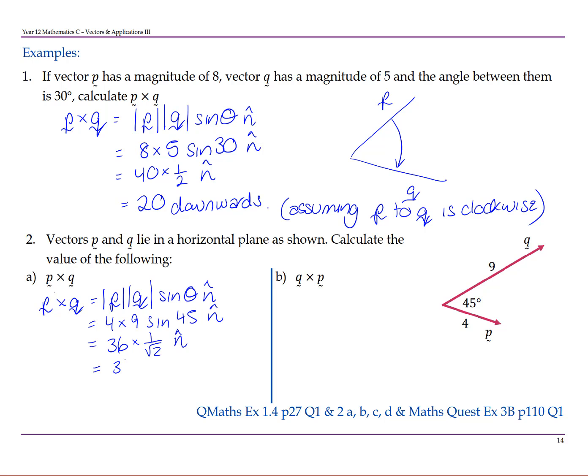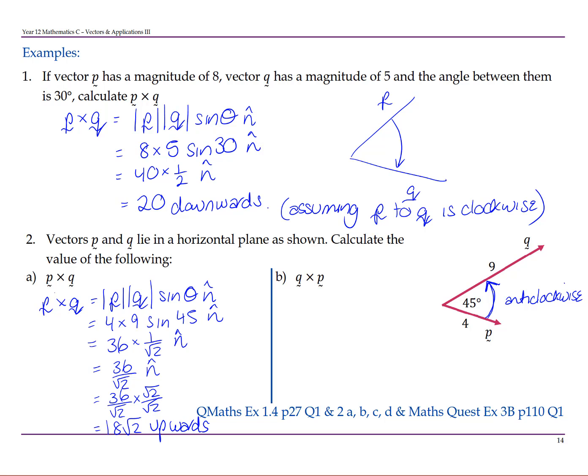So that's 36 on root 2, and my norm. Now I should rationalise that denominator. So 36 on root 2 times root 2 on root 2. And that's going to be 18 root 2. Now my direction from P to Q here is anti-clockwise. So this is going to be upwards.